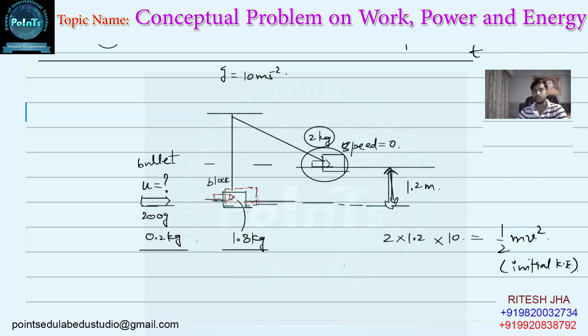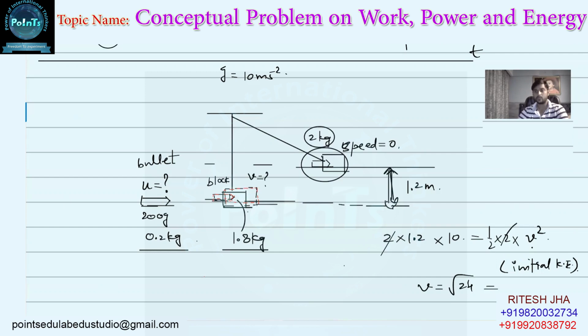So we can get V easily. It is half into 2 into V squared. V is the speed when the bullet got embedded in the block. So what do we have? This is 12 to 24, so V equals root 24.